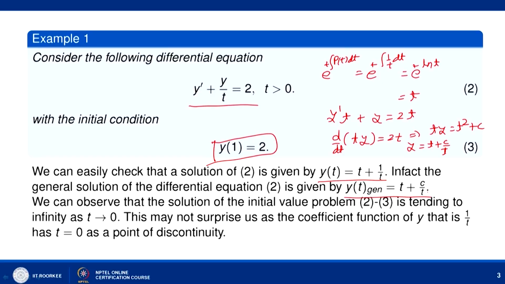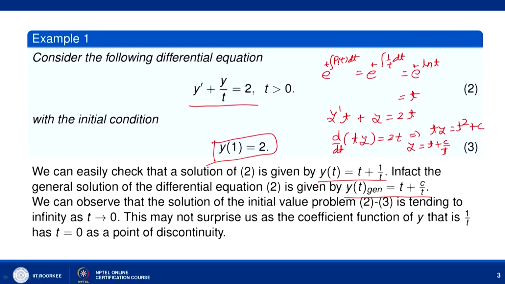What we want to observe here is that the solution y(t) equal to t plus 1 by t has a problem when t tends to 0. What do we mean by problem? The solution tends to infinity as t tends to 0, since the equation has a singularity at t equal to 0.